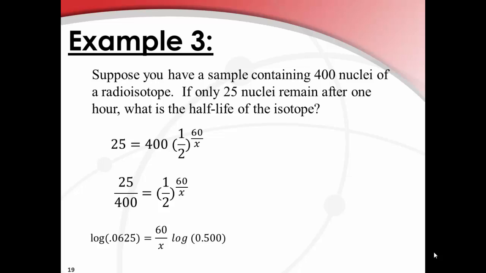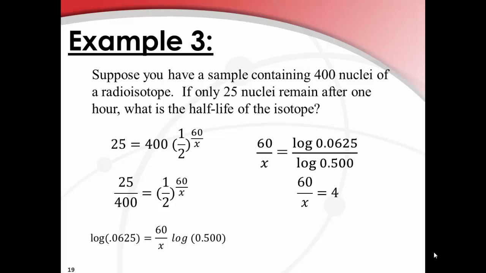0.0625 equals, bringing the exponent in front of the log so that it's 60 divided by x times the log of 1/2. I'm going to divide each side by the log of 1/2 so that I have 60 divided by x equals the log of 0.0625 divided by the log of 0.500.